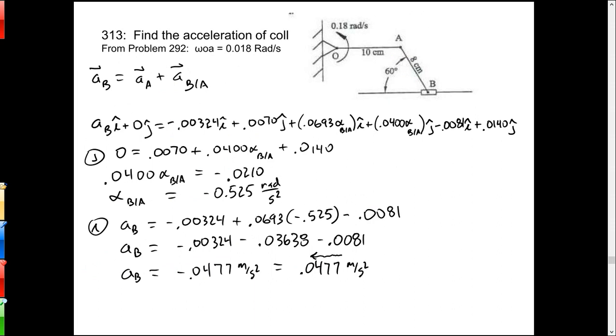The two unknowns are the acceleration of B and alpha. I notice I've got an AB i here, so what that tells me is I'll use the J equation to solve for alpha. And then once I've got alpha, I'll use the I equation to solve for AB. That's how I go ahead and do that. Okay. All right. So we good on all that stuff?